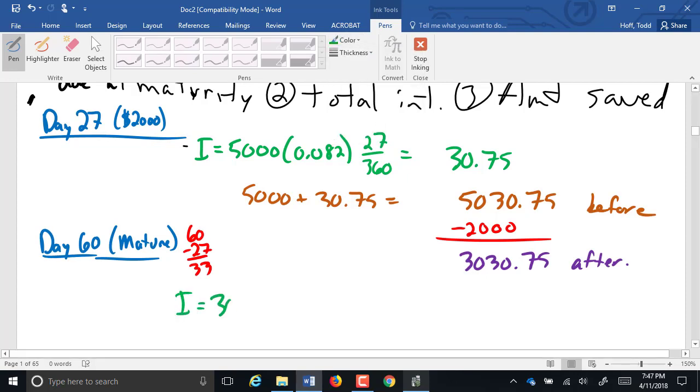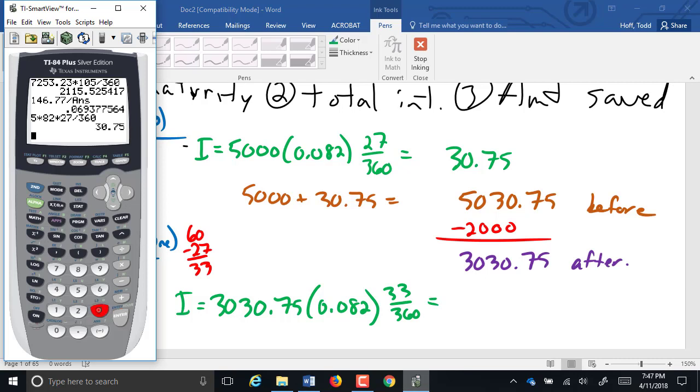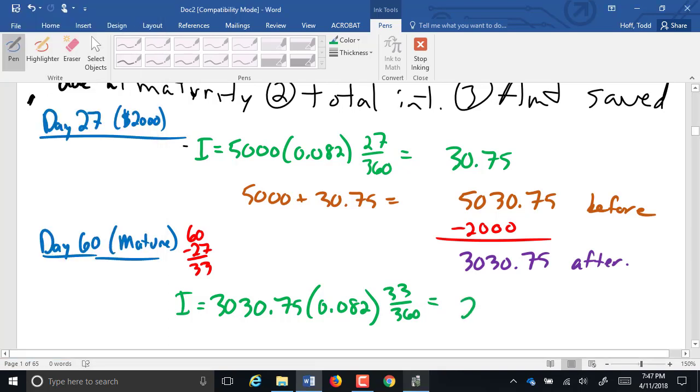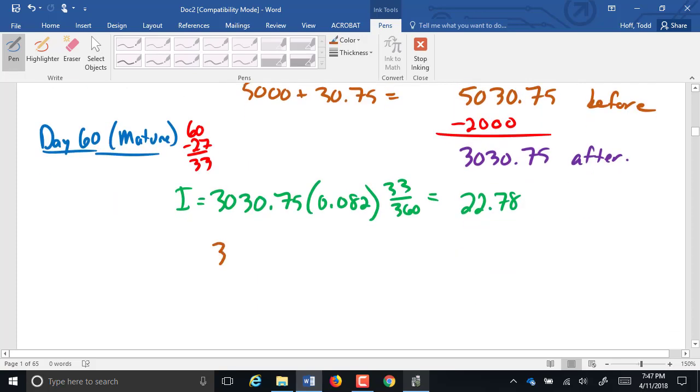Our interest is found on that previous balance of 3030.75 times 0.082 times 33 over 360, giving us 27.98. So we will add that to the 3030.75.